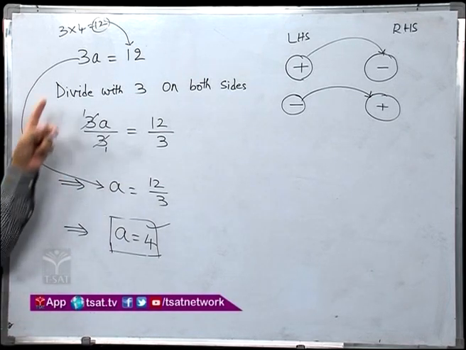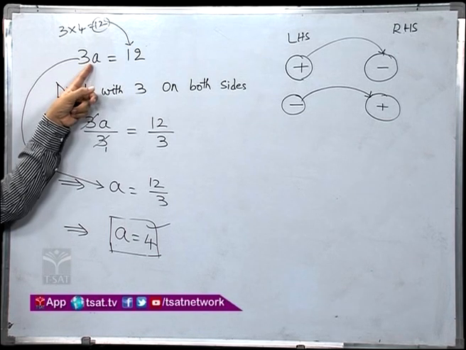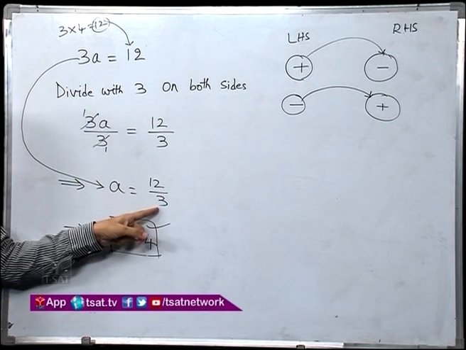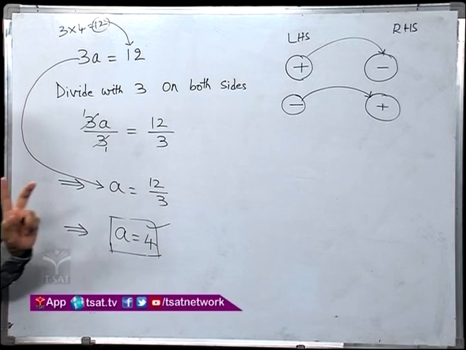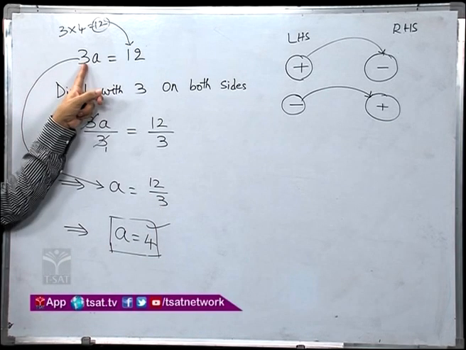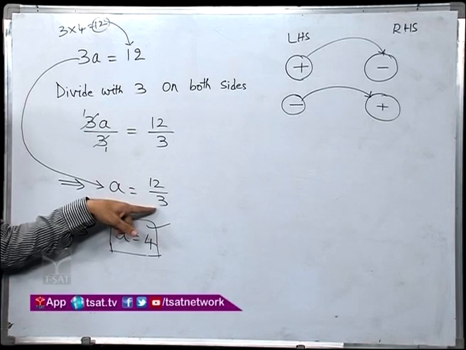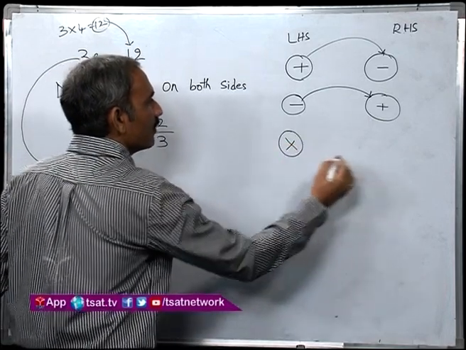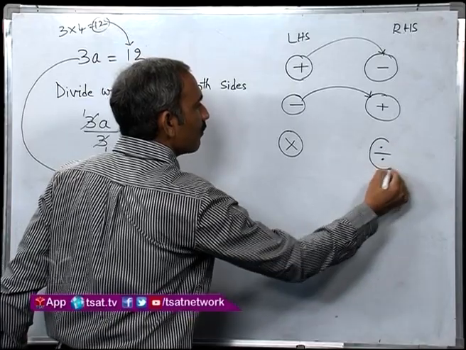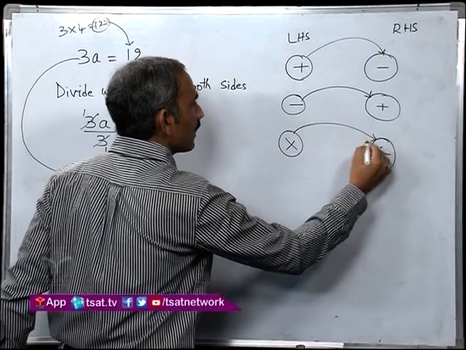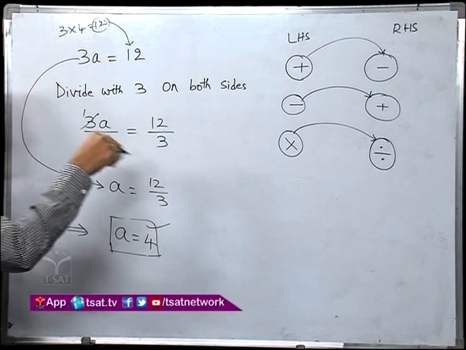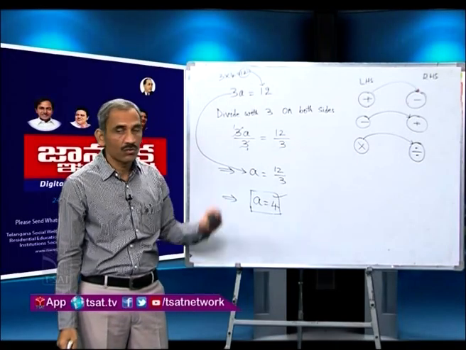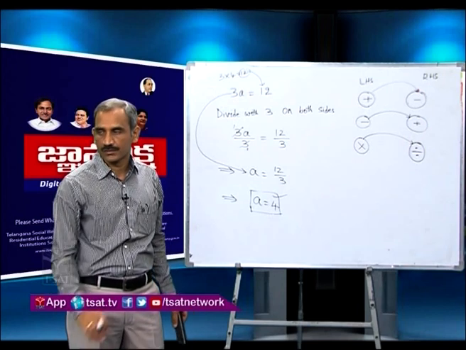But the thing is, in the problem 3 is on the LHS, but it was transposed to the RHS and made a quotient. Here multiplication will become division. This multiplication will become division when you transpose a term from LHS to RHS. This is another rule of transposing.